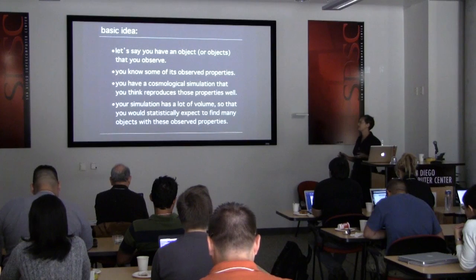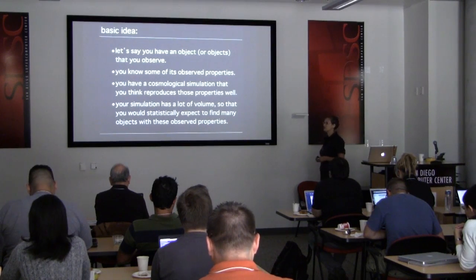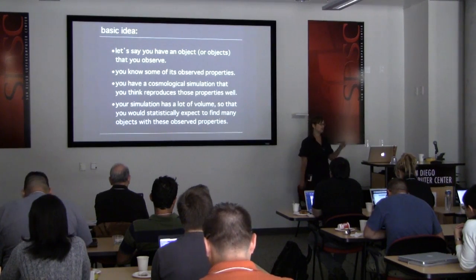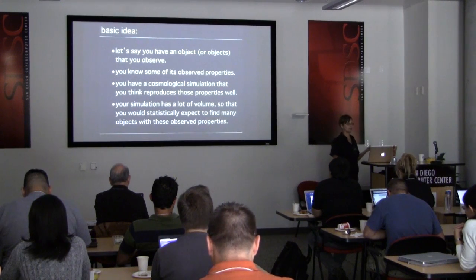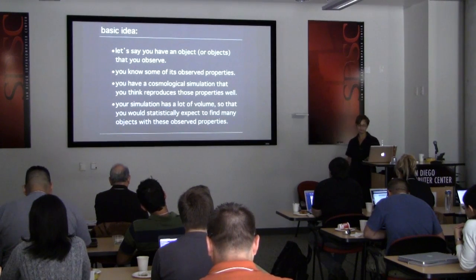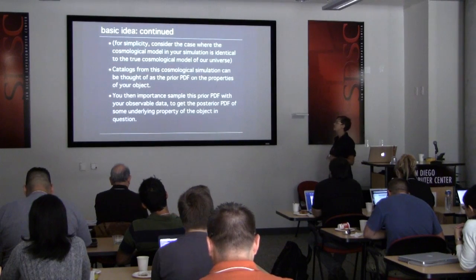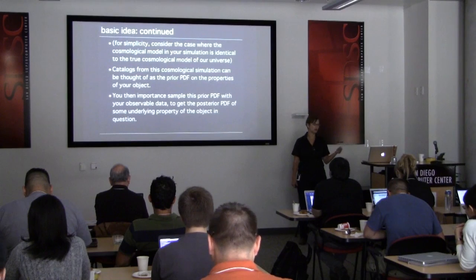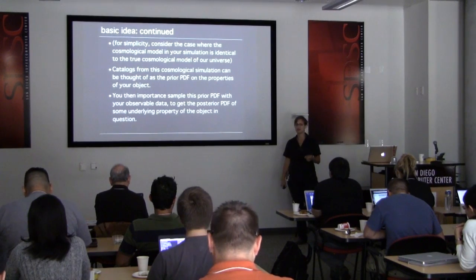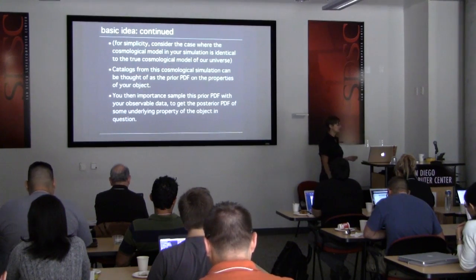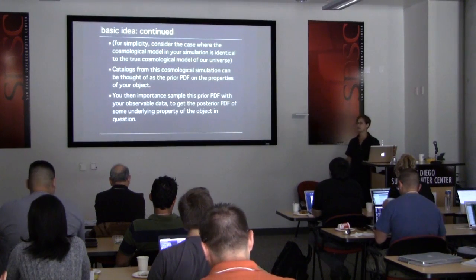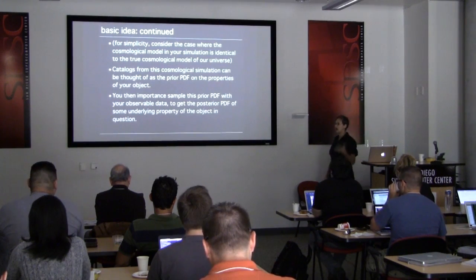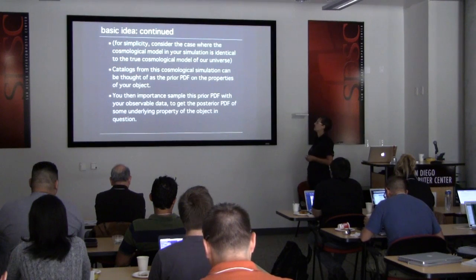Let's say your simulation has lots of volume, so that you statistically expect lots of objects in that given volume. For simplicity, let's consider the case where you know you live in a lambda CDM universe, and you're just interested in inferring the properties of that object in the context of lambda CDM.